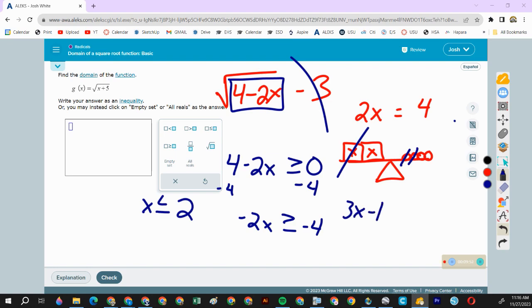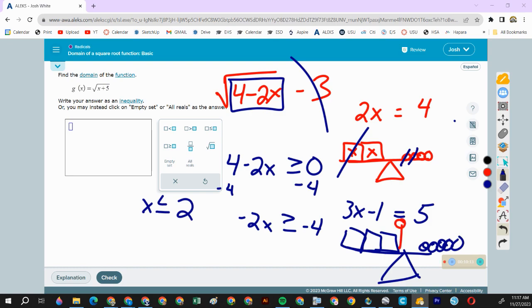All right. What if I had 3x minus 1 equals 5? Okay, so I have 3 x's and I have 5 rocks. What is a -1? It's sort of like a balloon pulling up that weighs a pound, right? So how do I get rid of that balloon?